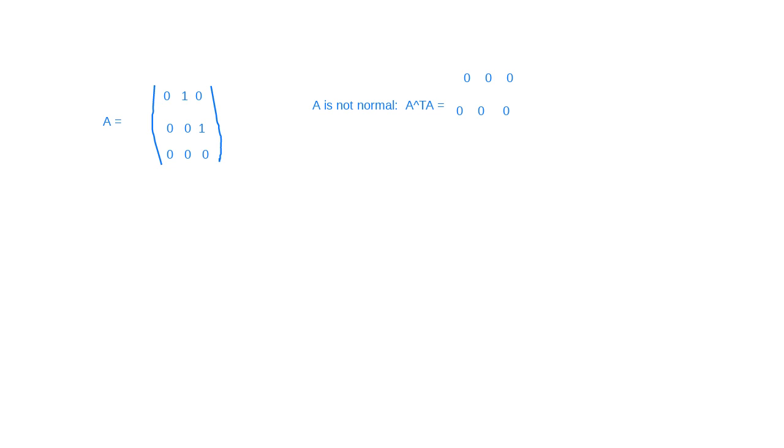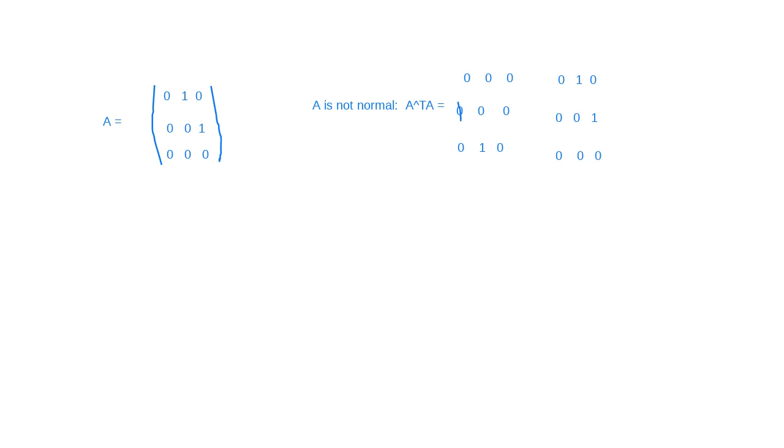Better just to multiply it out. So A transpose is like this, and then A is like this.